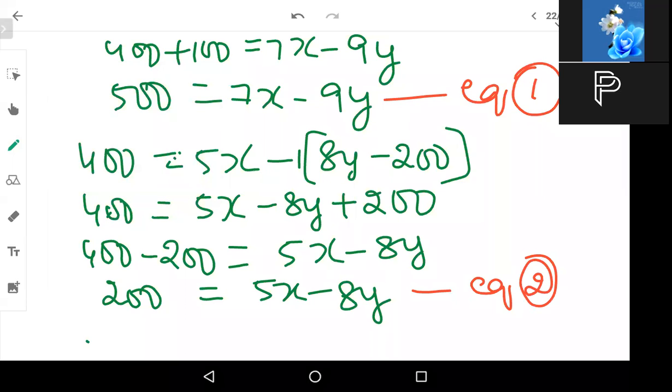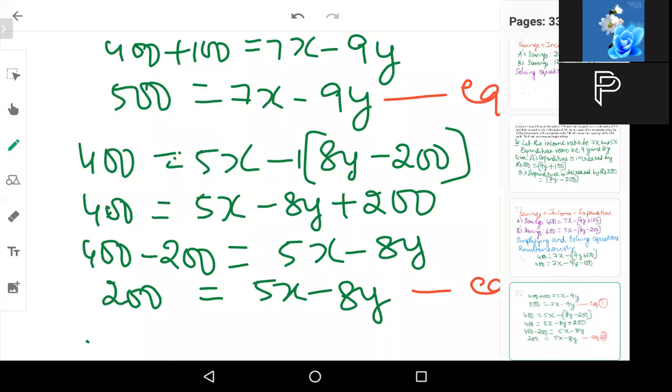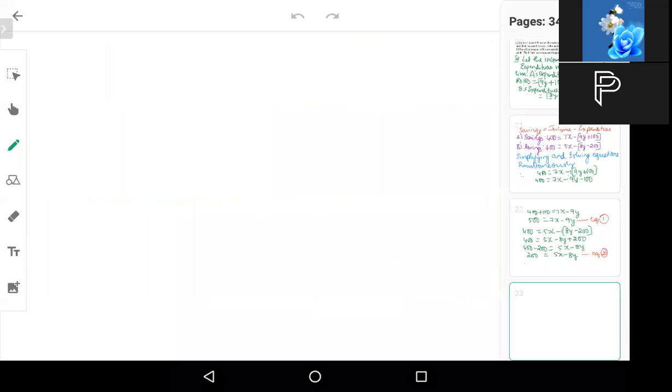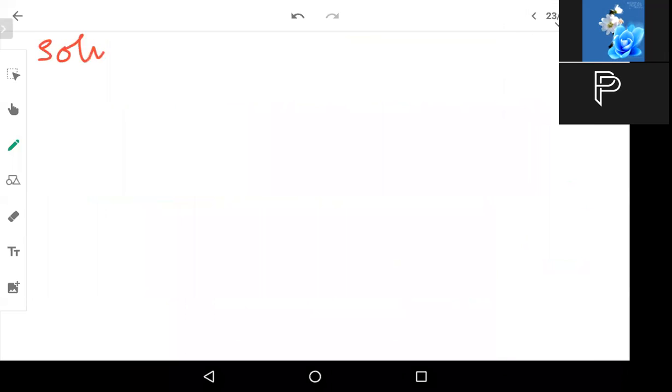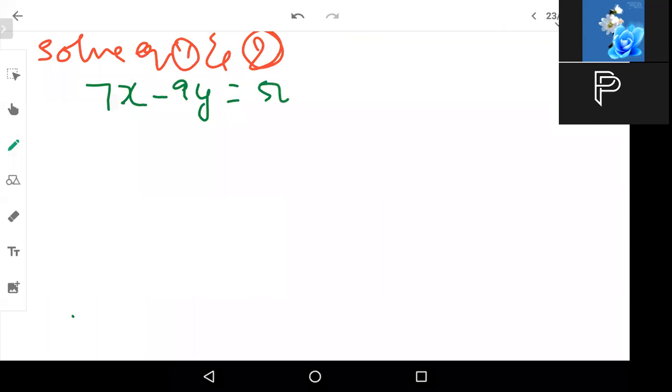Now we have equation 1, equation 2. Let us solve it simultaneously. Equation 1 is 7x minus 9y is equal to 500. Equation 2 is 5x minus 8y is equal to 200.